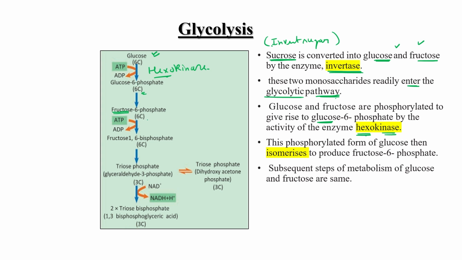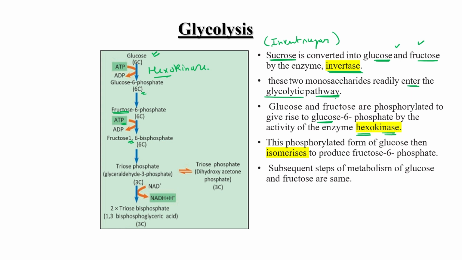Further, this fructose again accepts another phosphate from ATP, and this other phosphate attaches to the first carbon of fructose. That's why it is written over here fructose 6-phosphate to fructose 1,6-bisphosphate.